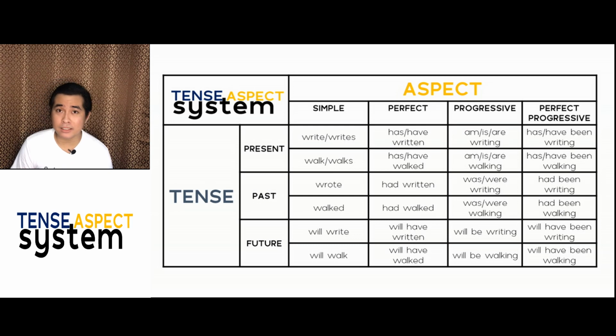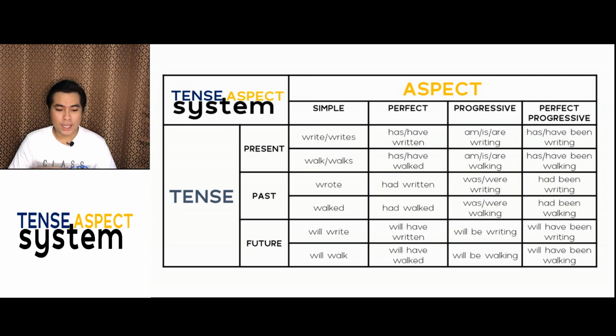Well, for aspect, it's the structure or the form of the verb. So that's why we have simple, perfect, progressive, and perfect progressive.